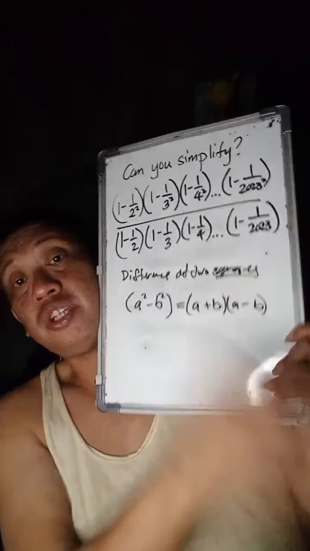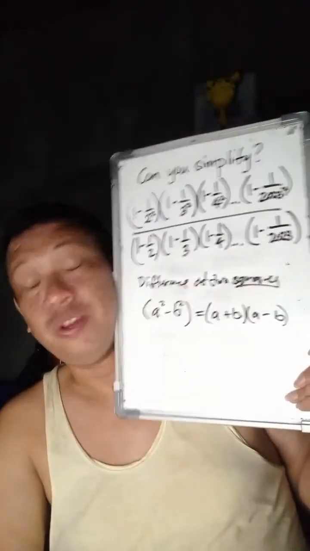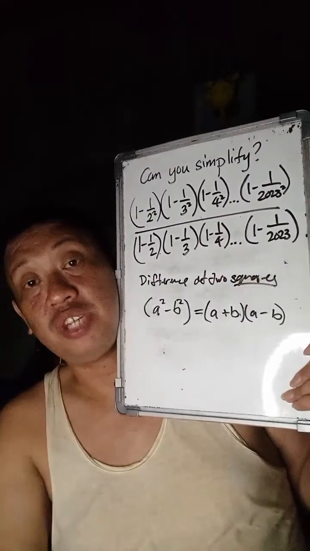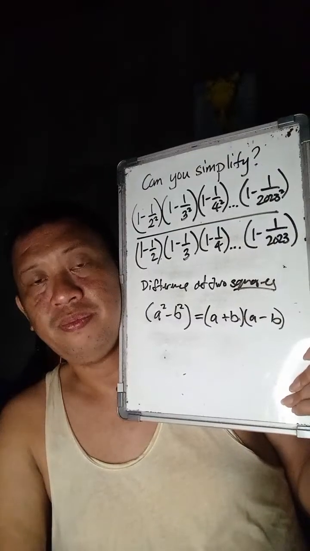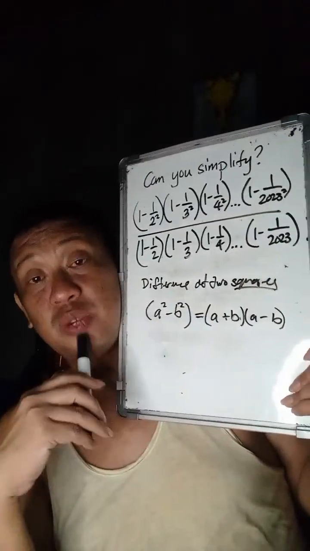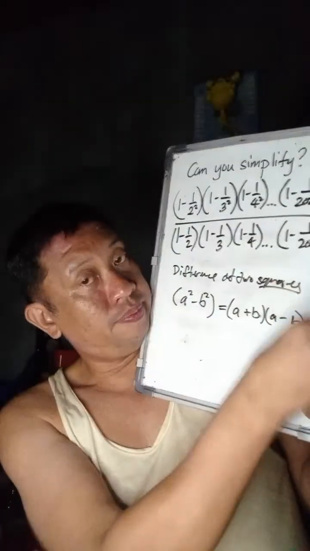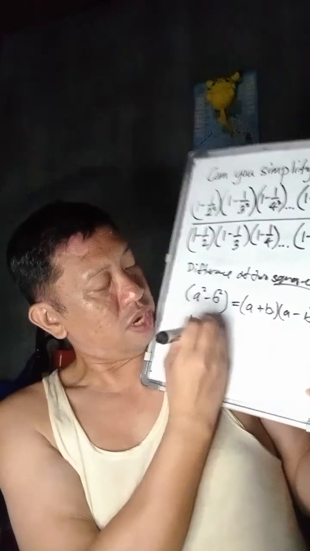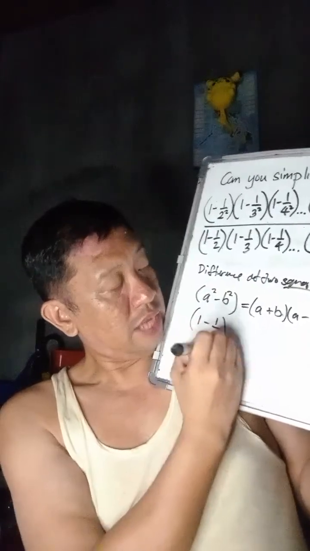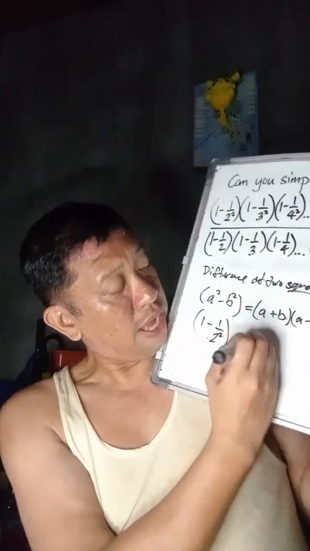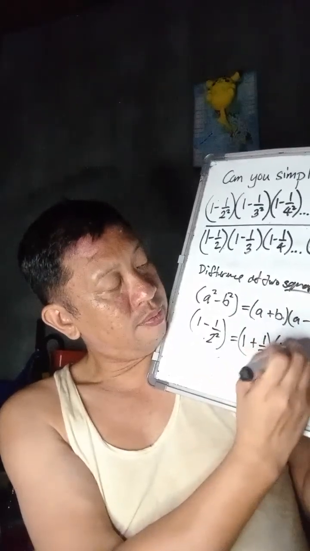This pattern doesn't just apply to x's and y's; even numbers follow this rule. After all, this is actually an identity. So, if I have, for example, 1 minus 1 over 2 squared, I could factor this as 1 plus 1 half times 1 minus 1 half.